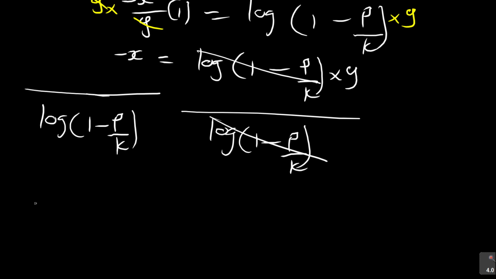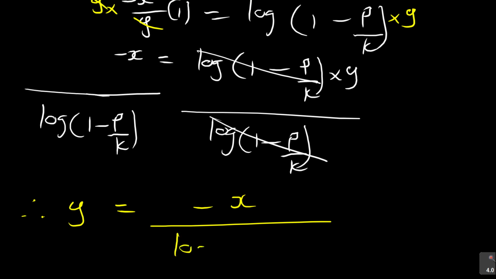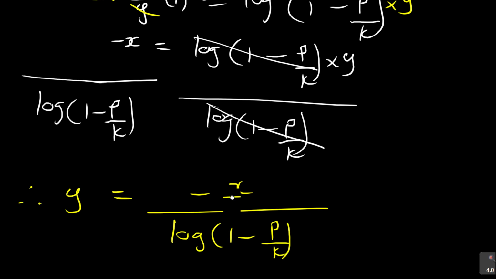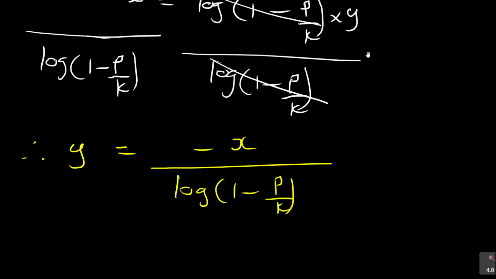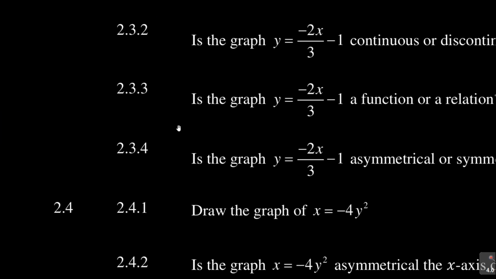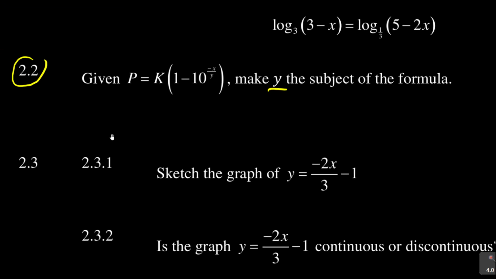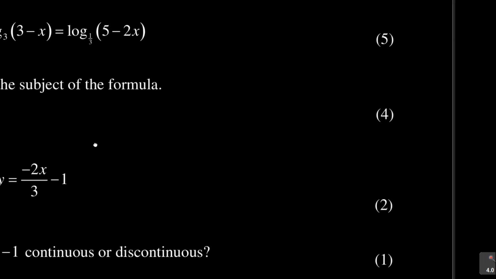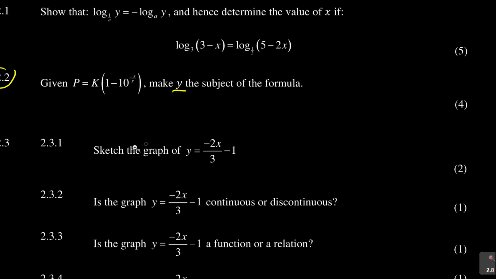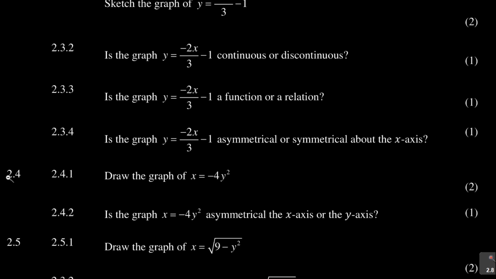Therefore y is equal to negative x all over log 1 minus p over k. Then I have made y the subject of the formula, and that is what this question was requiring. It was saying given p is called this, make y the subject of the formula, and it is giving you 4 marks. So let's look at the next question in that part.